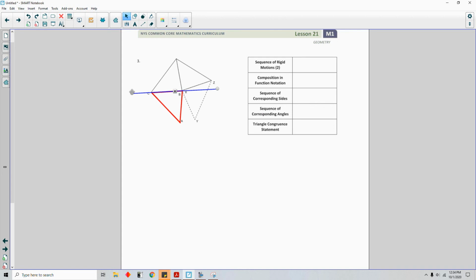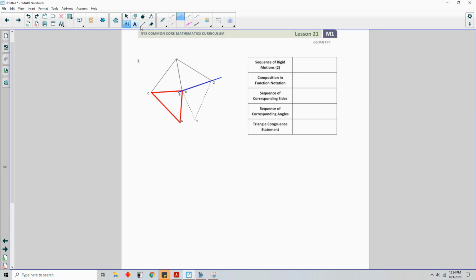Then I can take and focus on the next reflection line, which would be right here. Then this triangle would reflect over onto this triangle. And then finally, we're going to reflect one more time across this line, and this triangle will end up our image XYZ. So it is a reflection once, twice, three times.